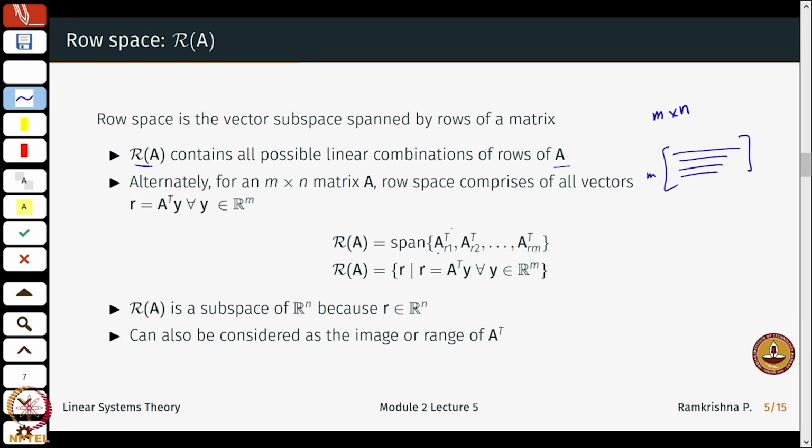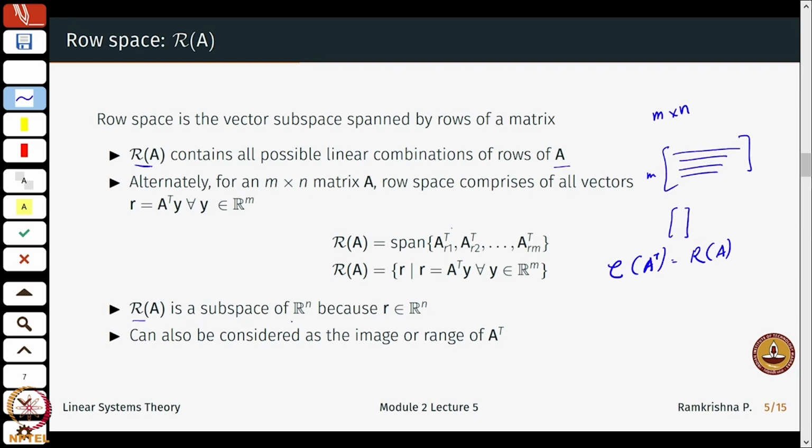I look at the transpose, because when I talk of a basis vector, I usually talk in terms of the columns. So, I look at the span of the transpose of the row vectors, or in other words, C of A transpose is the same as R of A, right. Okay. So, what is R of A now?